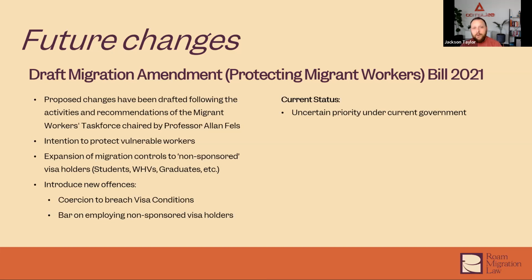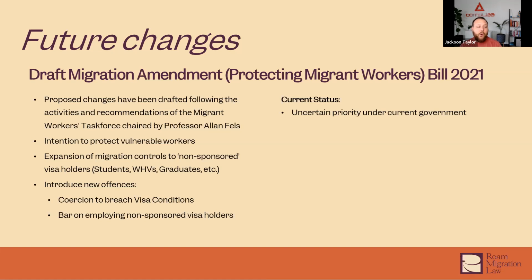And along with that, the bigger picture offence is that organizations would be barred from sponsoring any temporary visa holder or any non-sponsored temporary visa holder for a period of 12 months if they were found to breach not just this rule, but any of the immigration sponsorship rules and potentially some Fair Work laws.